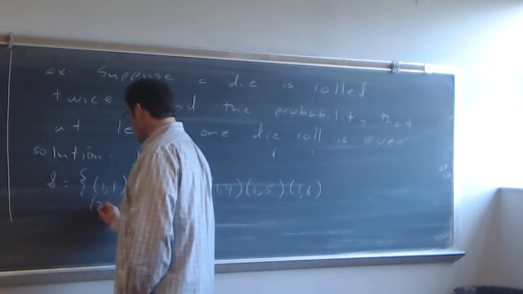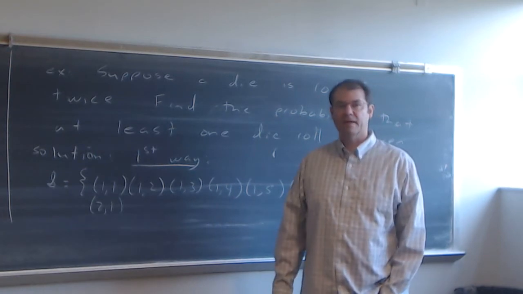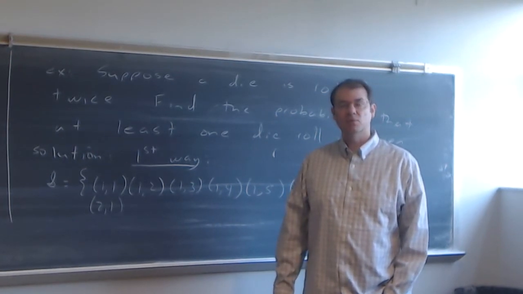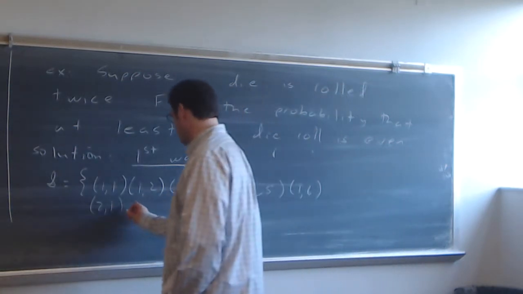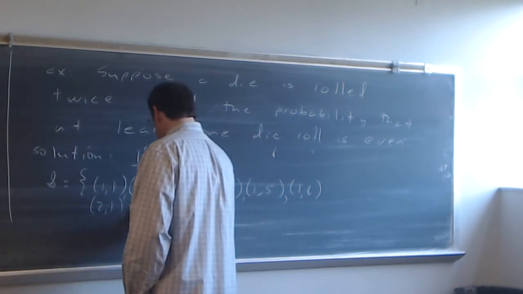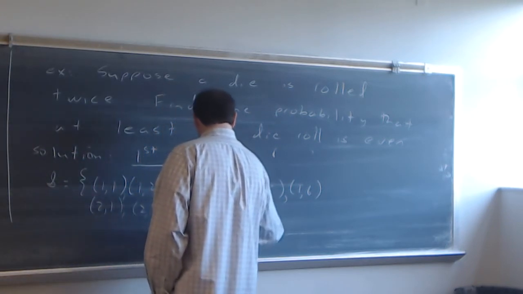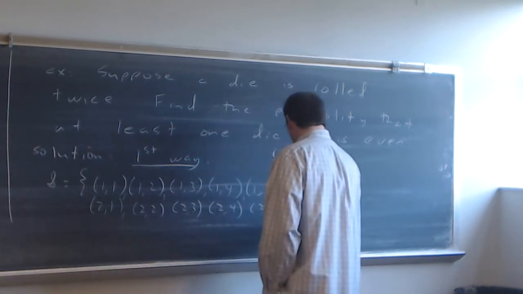And then we could have gotten a 2,1. Now 2,1 and 1,2 we're going to list as separate outcomes so that our sample space consists of equally likely outcomes. Then 2,2, 2,3, 2,4, 2,5, 2,6.